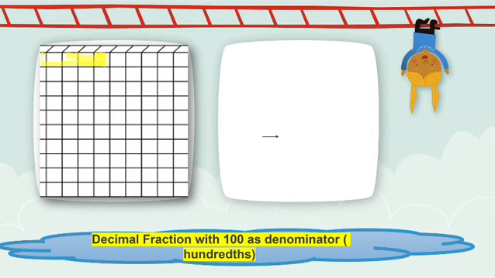So what would be the decimal representation for this? First we will see the fractional representation. The fractional representation will be 5 by 100, and we are going to read it as five hundredths.